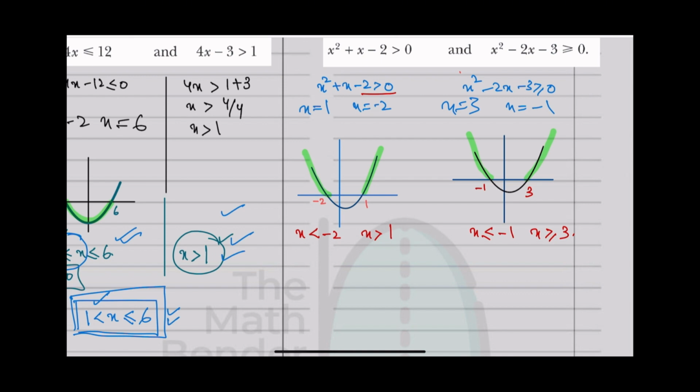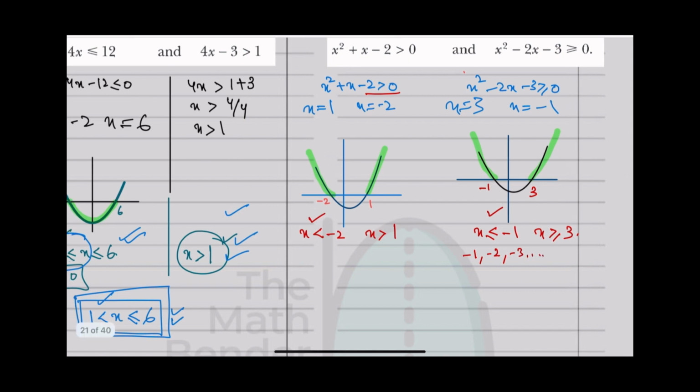So x is less than -2 could be -3, -4, but it says that x is less than or equal to -1. Now if I say x is less than or equal to -1, which means -1, -2, -3, and so on. But if I take this into account, this means -3, -4, and so on.